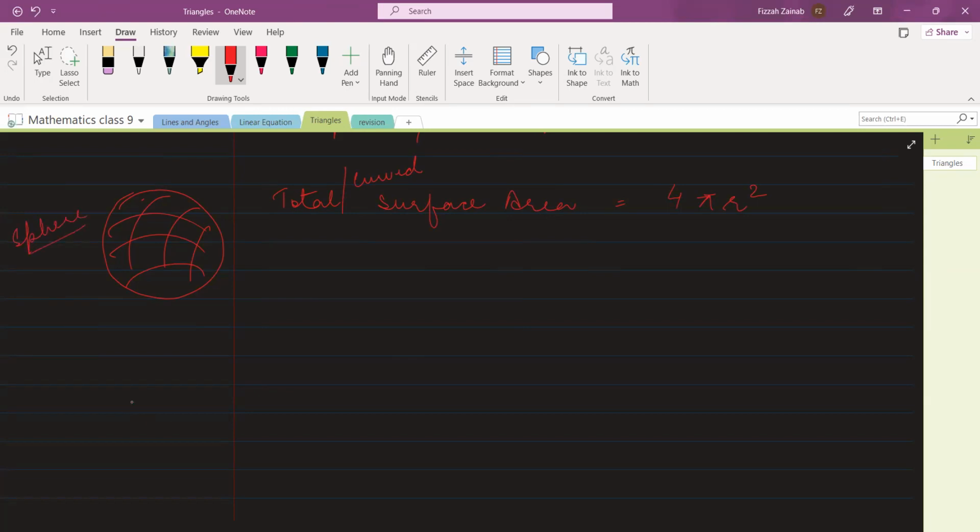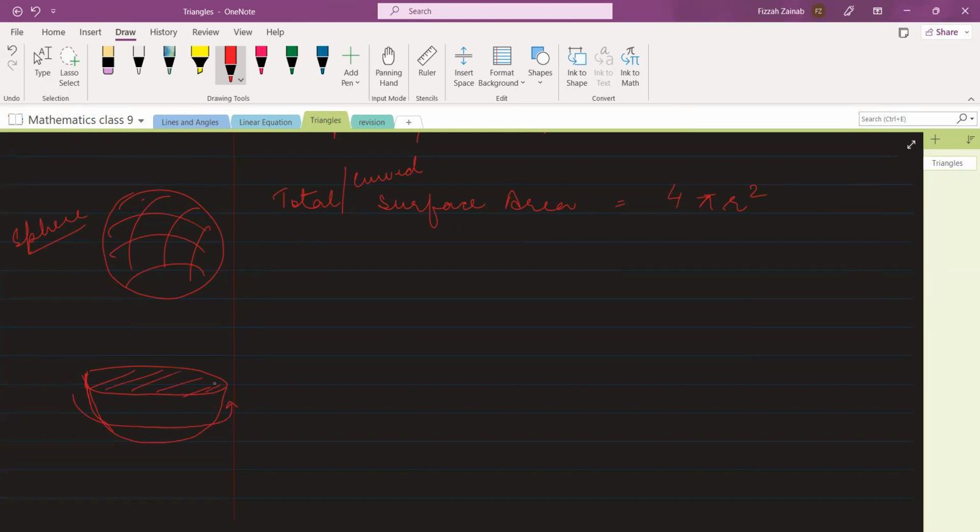Now, this is a sphere. And now what is a hemisphere? So if you cut the sphere into two, now this becomes a hemisphere, right? Now hemisphere is going to have two areas. So this part is curved here, understand? And this part is flat. Getting it?